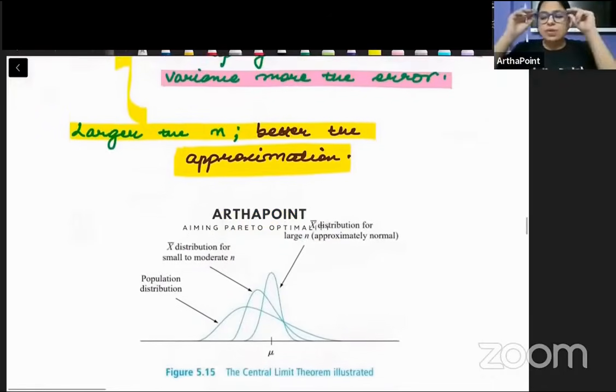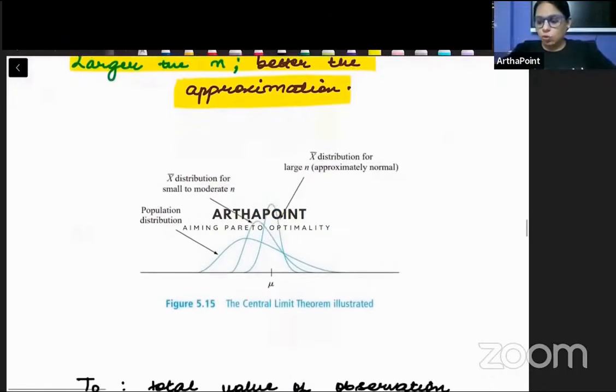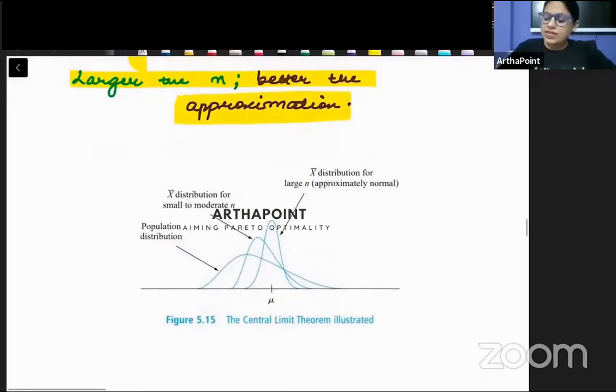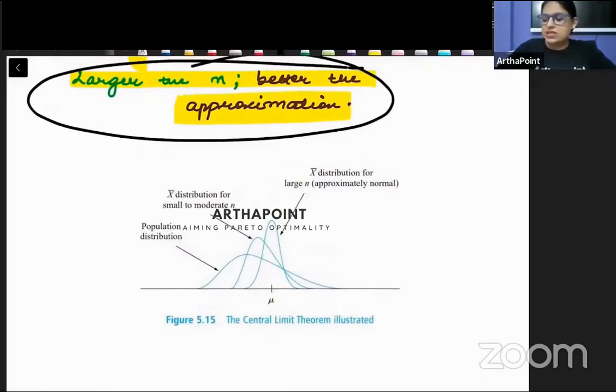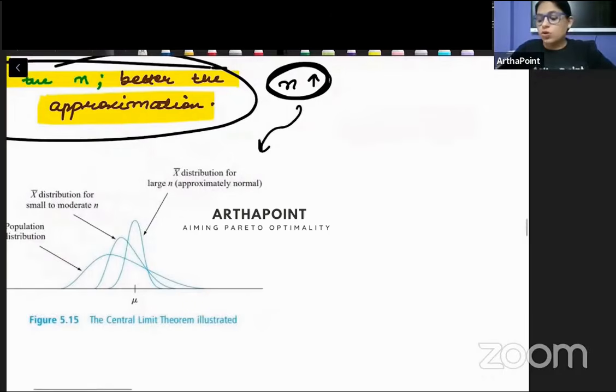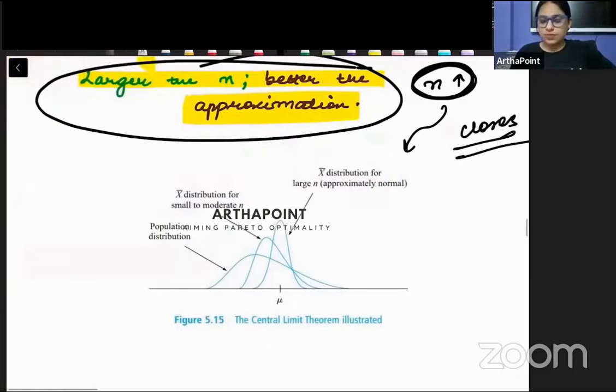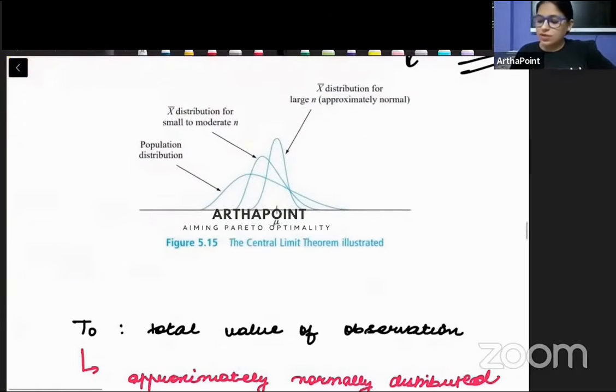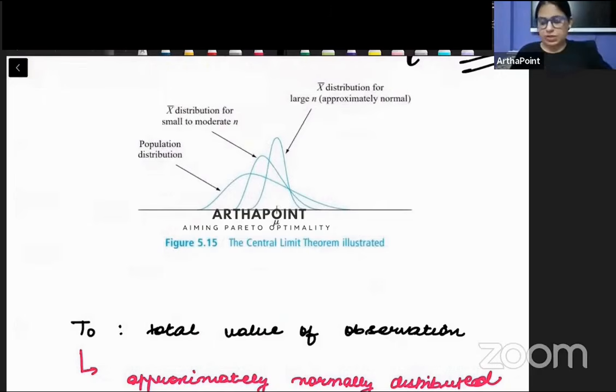Okay. Next thing that we want to focus on is that as the sample size increases, जैसे जैसे n का value बढ़ेगा, you will be going closer and closer to normal distribution. अब इसको समझने के लिए we can refer to this diagram here.